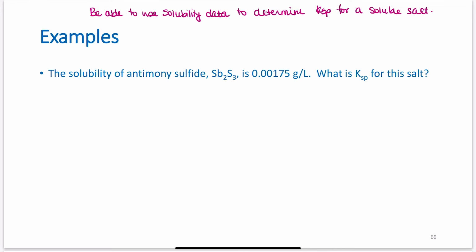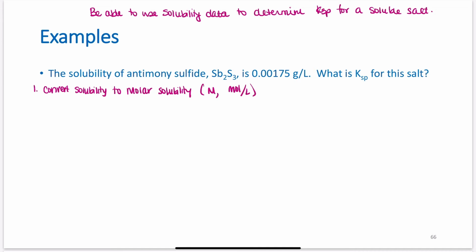What is the Ksp for this salt? The process you're going to follow. Number 1, convert your solubility to molar solubility, so molarity or moles per liter.